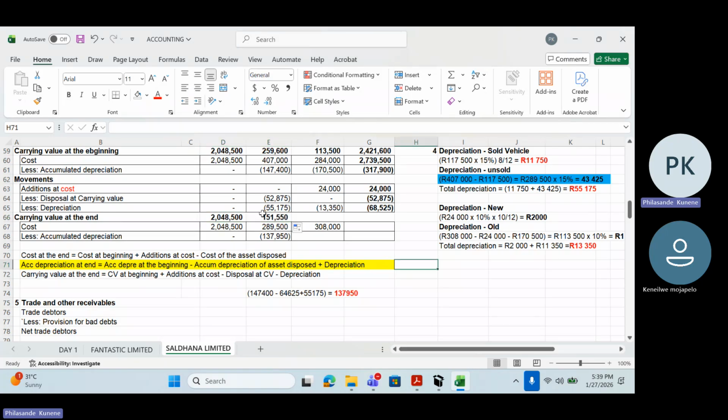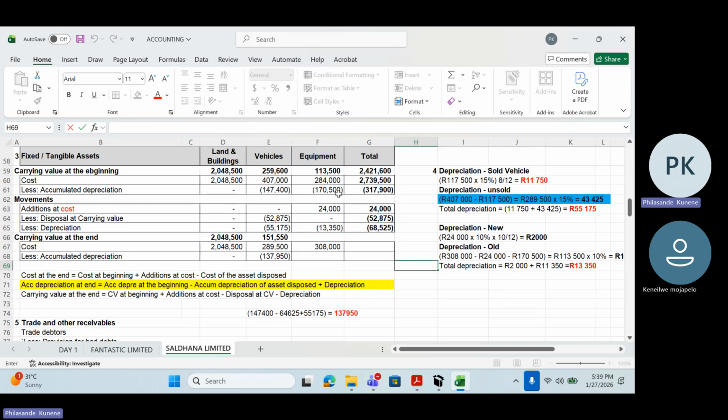Yes, that's correct. And now let us deal with the accumulated depreciation at the end for equipment. How much are we going to have here?